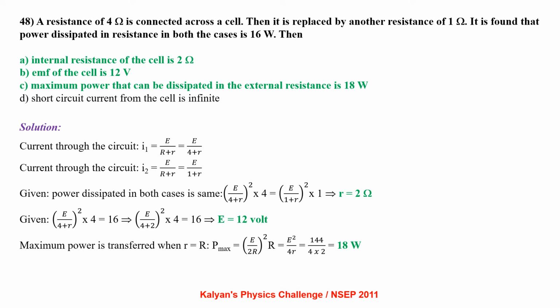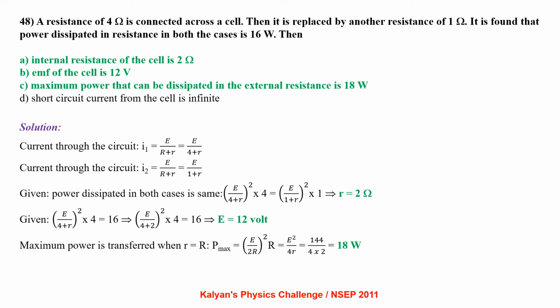Current through the circuit I1 = E/(4 + r), where r is the internal resistance. Current through the circuit I2 = E/(1 + r) in the second case. Given that power dissipated in both cases is the same, and power dissipated is I squared R, from there we get internal resistance equal to 2 ohms.